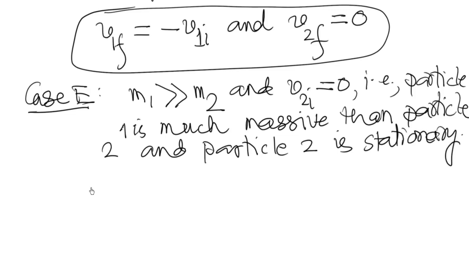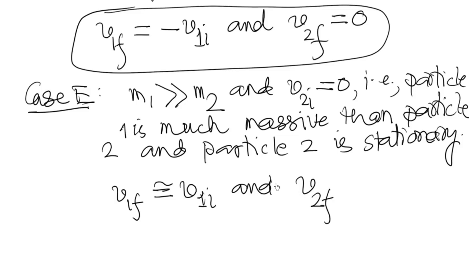Okay, in this case, we find from those previous equations that v1f will be approximately equal to v1i, and v2f will be equal to twice v1i.